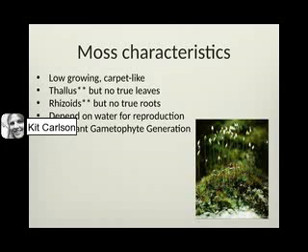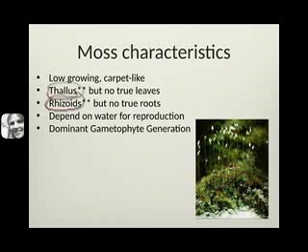So some general characteristics of mosses. We say they're low-growing and carpet-like. There's so many different species of mosses. We're still discovering new moss species. We say they have a thallus, but no true leaves, and rhizoids, but no true roots. And we say this because they do not have true vascular tissue.